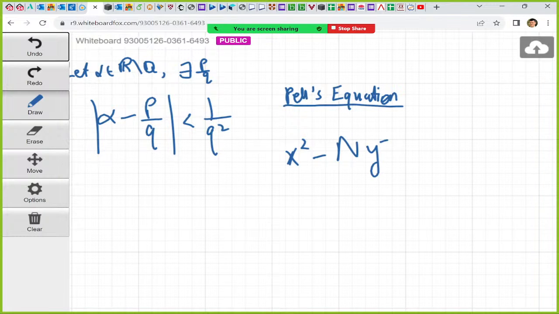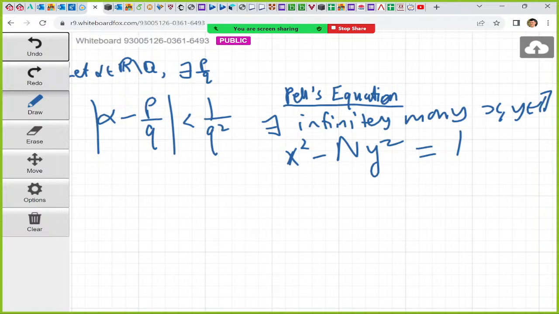If you have this equation, I can show you there are infinitely many solutions, where n is not a square.